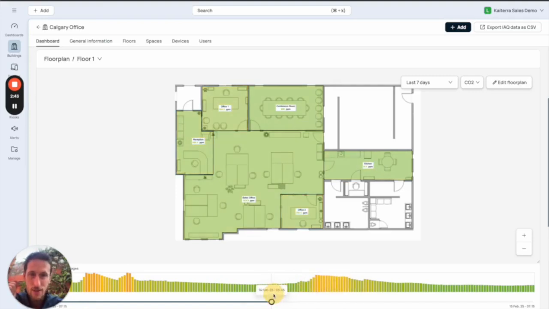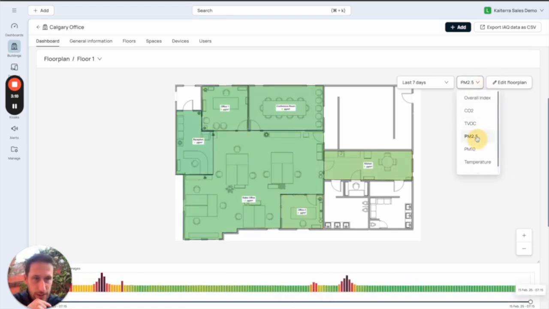That is a signal that maybe there's something to look into when it comes to the ventilation there. Maybe the HVAC hasn't been commissioned perfectly, and for some reason these two spaces are essentially sharing their air. So right there, just by scrubbing through this, I'm getting some ideas for something that I might want to have somebody on the facilities team take a look at.